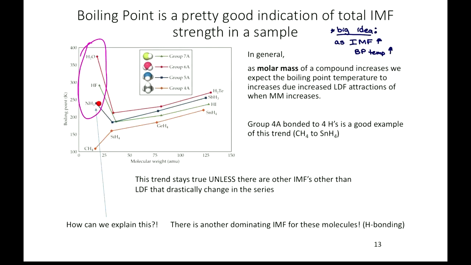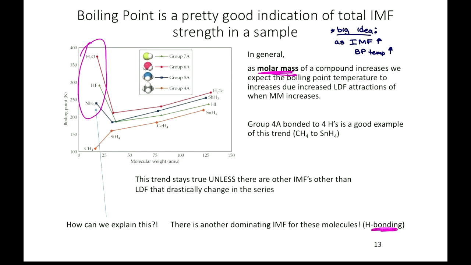They have unusually high boiling points for their placement, and they don't follow the whole idea of molar mass increasing, boiling point increasing. Water, HF, and ammonia are fairly light molecules, but they exhibit unusually high boiling points. And this segues us into the third intermolecular force that can take over past dipole-dipole, and that is hydrogen bonding.